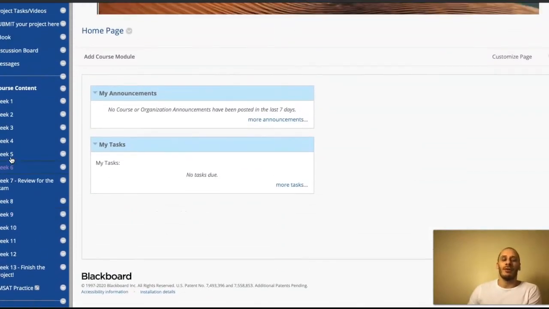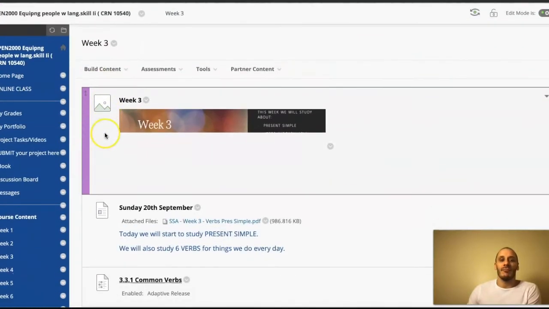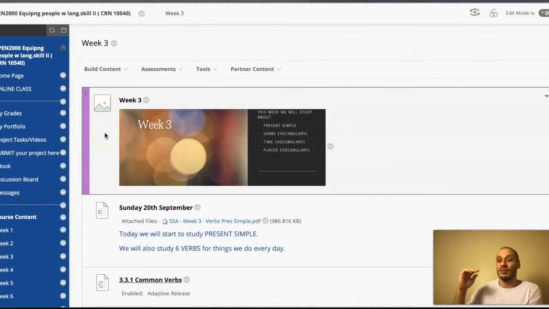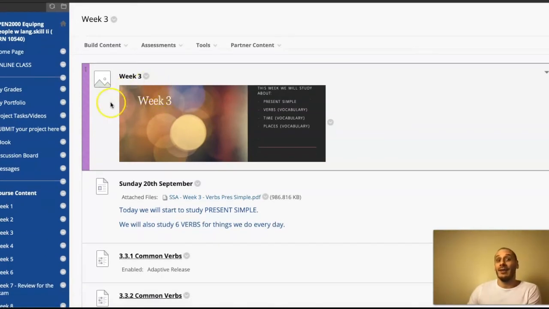Now we're studying online, I prefer a weekly system. It's personal preference, mainly because it allows me to go sort of sequentially through the days. So every week at the top I have a picture, and I have this week we will study and the topics for the week.